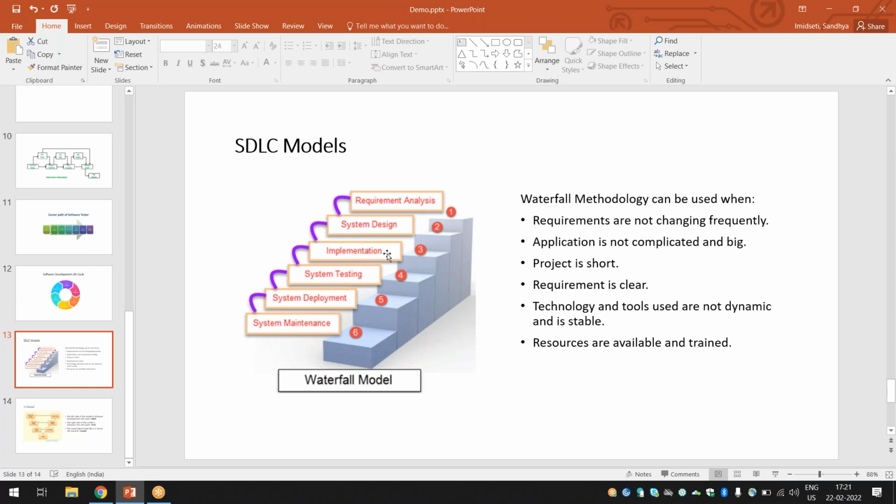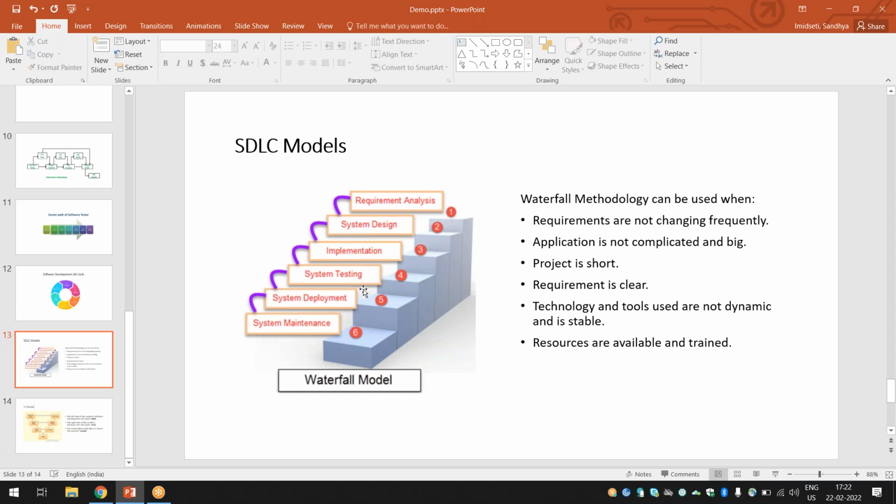Once the development activity has been completed, testing will come into the picture. After testing, deployment will come into the picture. After that, maintenance. So as a series of flows happening one after the other, this diagram looks like a waterfall, right? So that's the reason this model's name came to be waterfall model.